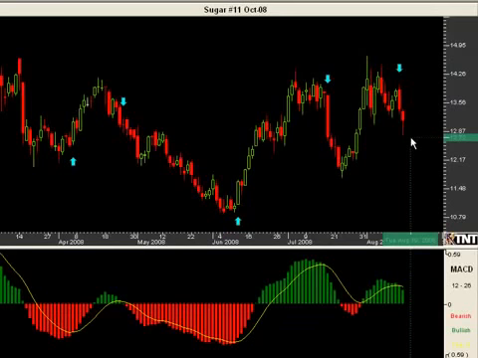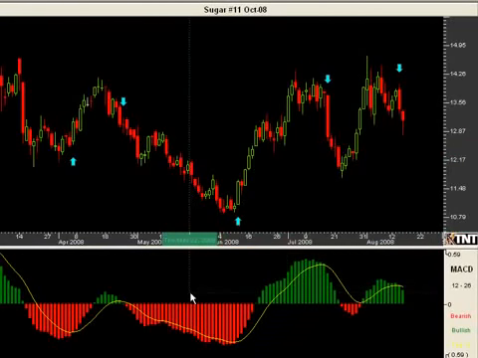MACD is very accurate, but it is also a little bit slow. I'm going to show you how you might correct that in just a minute. But before I do, I wanted to show you a couple of things on MACD. First off, MACD sometimes will top out or bottom out before prices do.